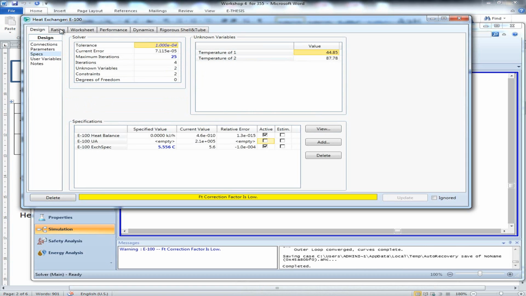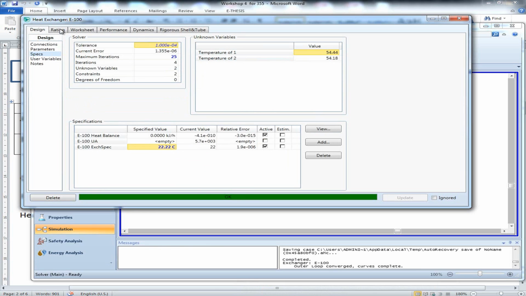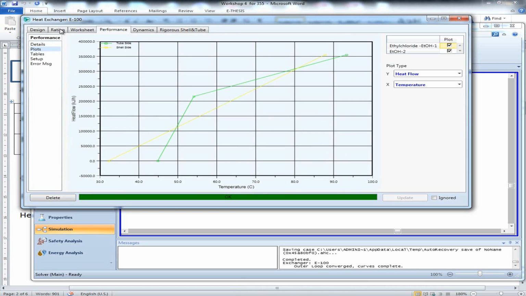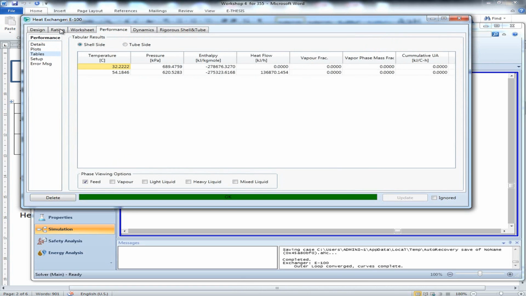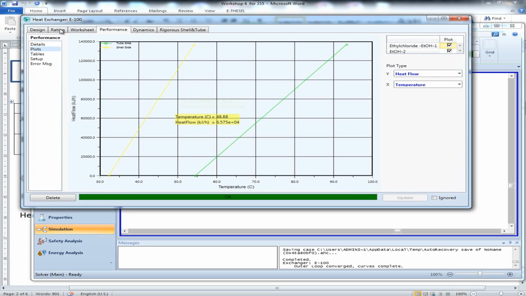So we can go to the second case. In this second case, if I change this number to 40 degrees Fahrenheit, things will be different. Now let's see the graph. They seem to be okay.